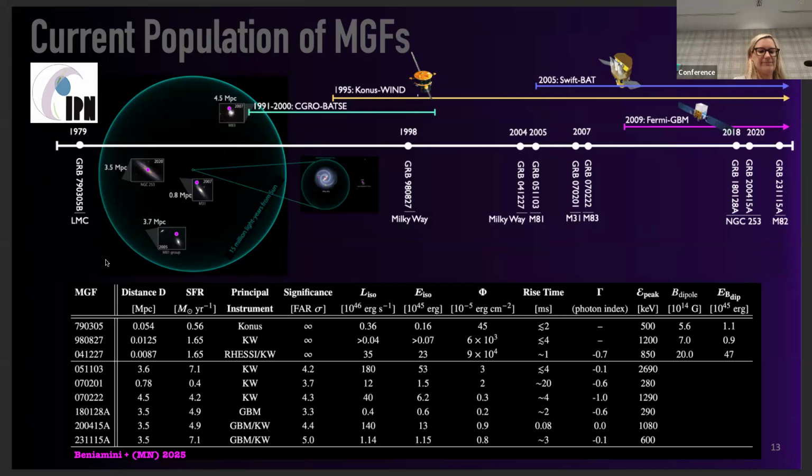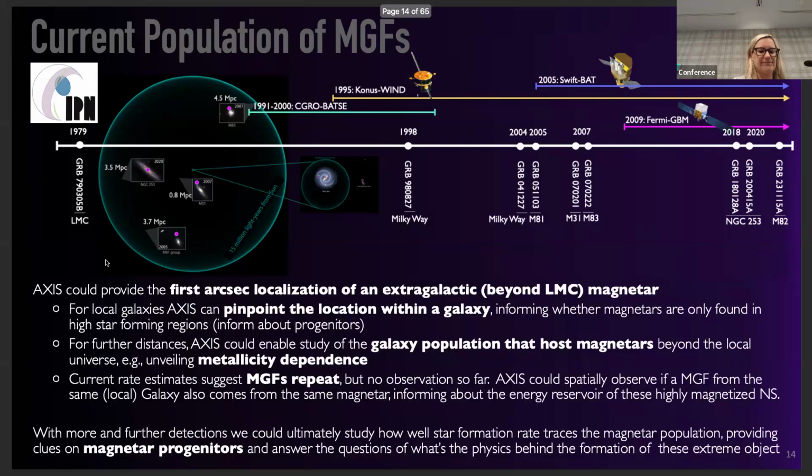So here's the current status, and the question here is why AXIS could be useful for this. What can improve here? Well, if AXIS could see this event, this could be the first arcsecond localization of extragalactic magnetars beyond the Large Magellanic Cloud.